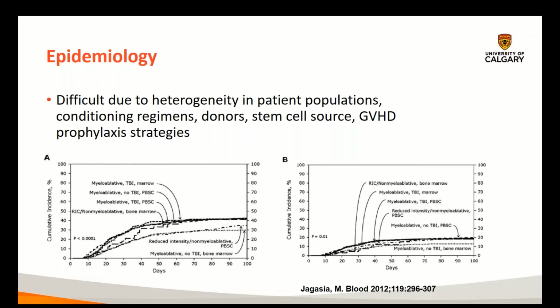The graphs below show data from the CIBMTR for a reasonably large modern cohort. The graph on the left shows the cumulative incidence of grades 2 to 4 acute graft versus host disease. And you can really see, depending on the conditioning regimen and the stem cell source, that the cumulative incidence ranges from something like 30 to 50%.